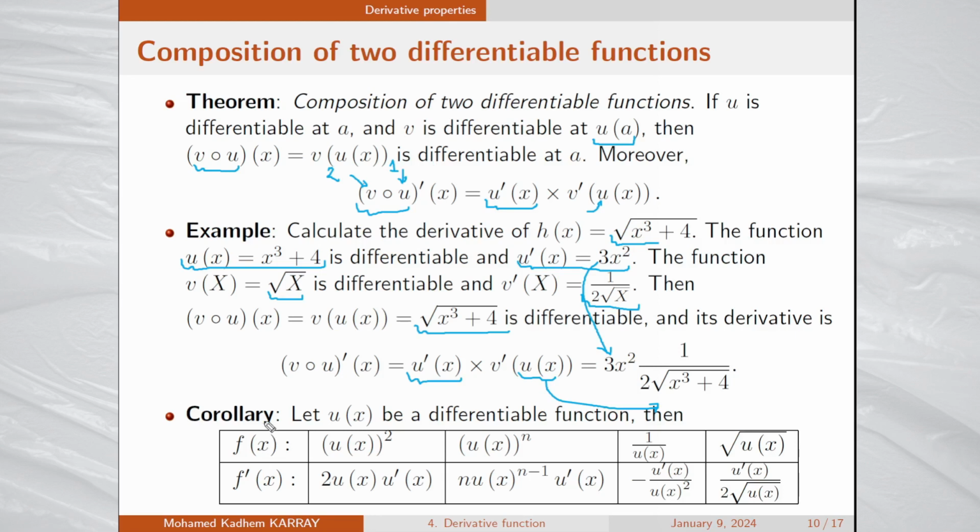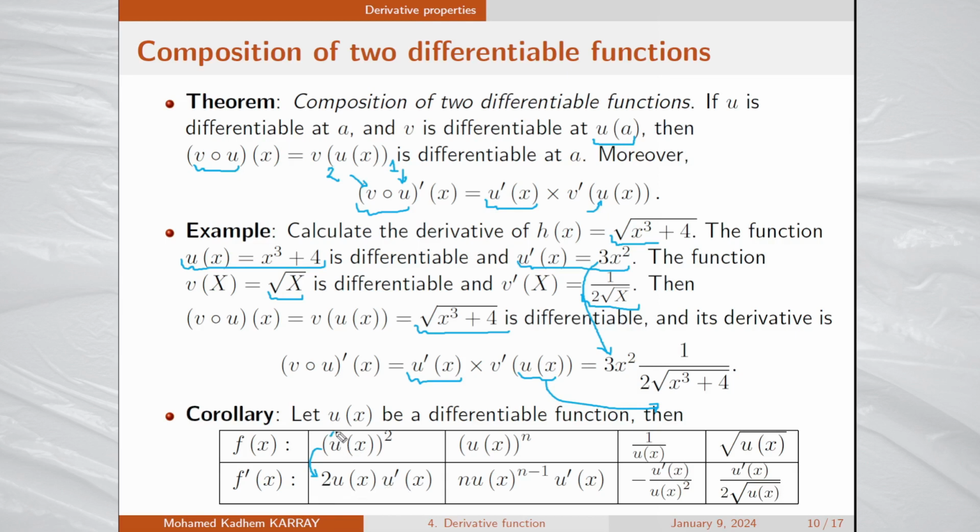A consequence of this theorem, very useful in practice, is this table. In the first line I give a function f, and in the second line its derivative. So if the function f is in the form of some differentiable function u to the power 2, then the derivative equals 2 multiplied by u multiplied by u prime. So how does this work?